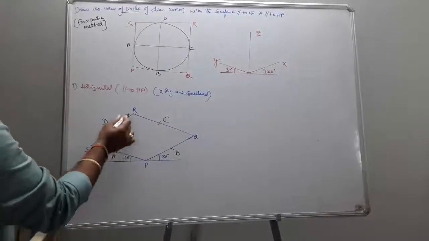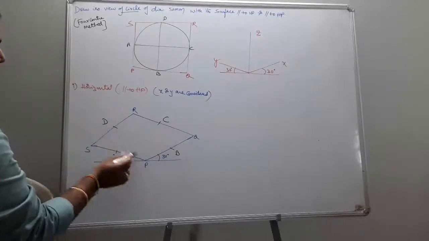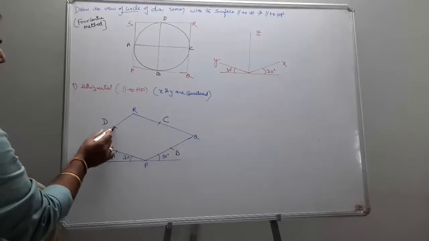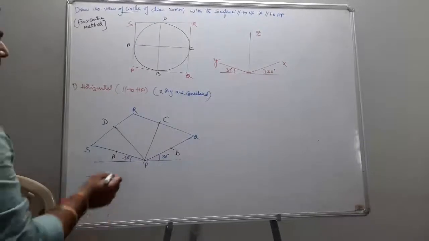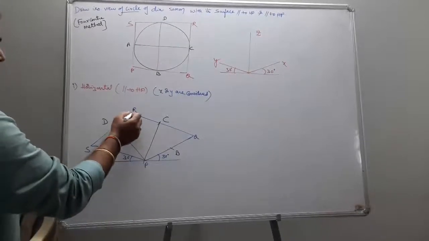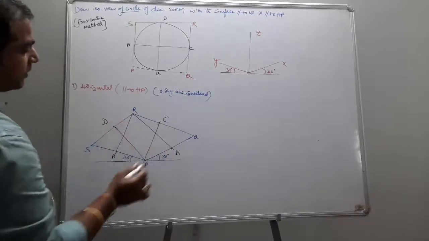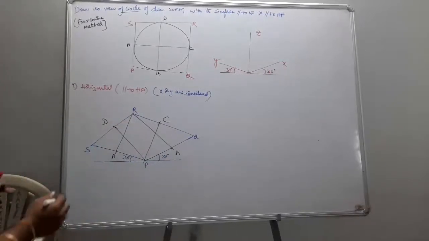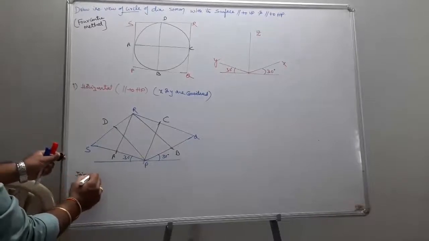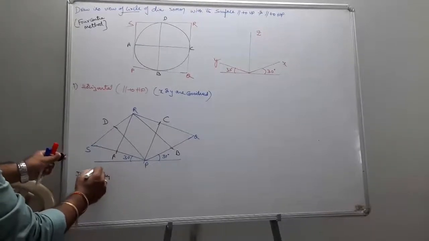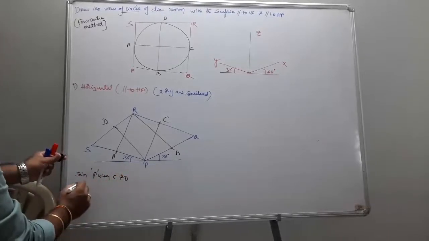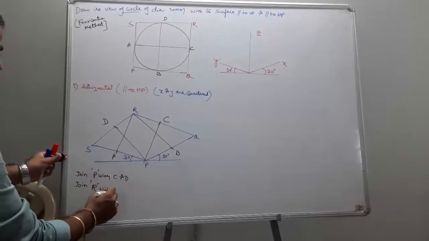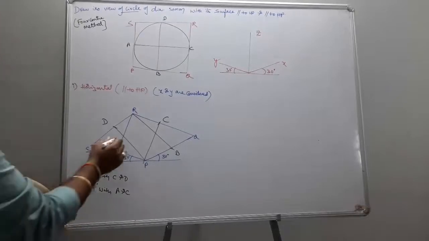Join the opposite side midpoints, that are D and C. So join P with D and join C with P. Next, take your opposite corner R and join R with A and join R with B. Students, okay?